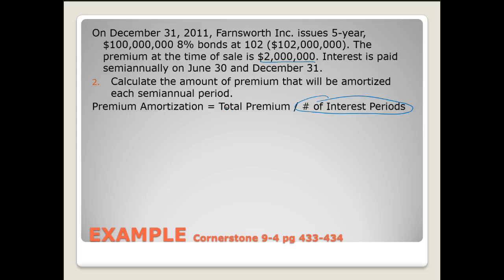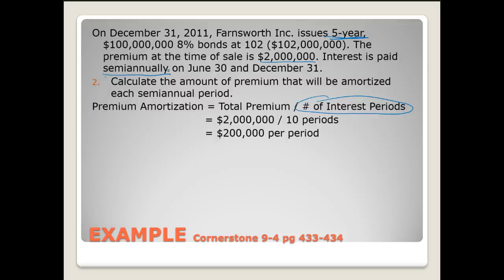If you said 10, you're correct, because it's issuing a 5-year bond and it pays the interest semi-annually, which means twice a year or every 6 months. So that means the total premium amortization is $200,000 every single interest payment period.